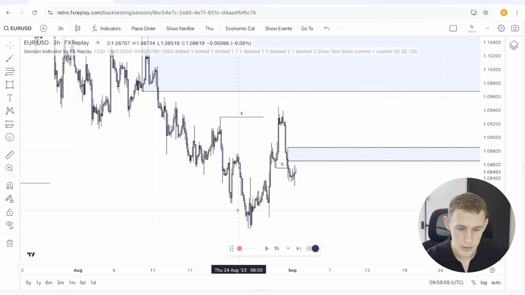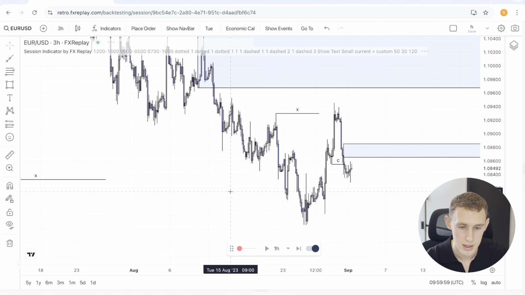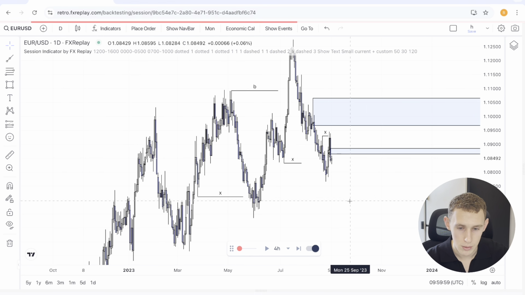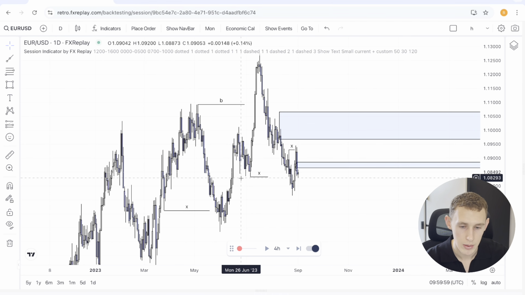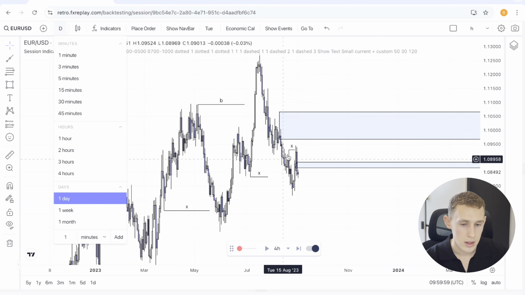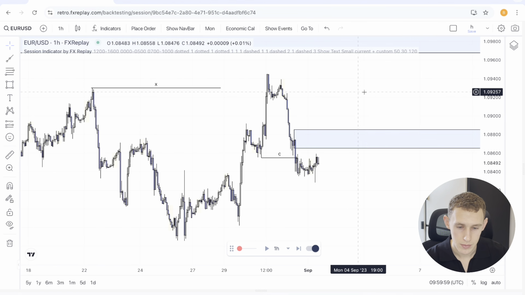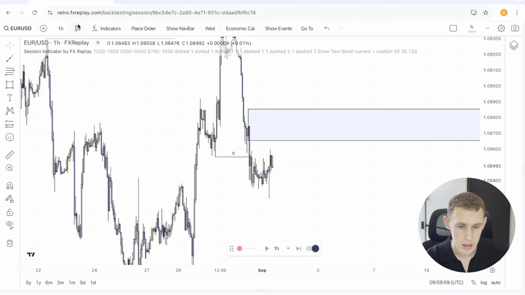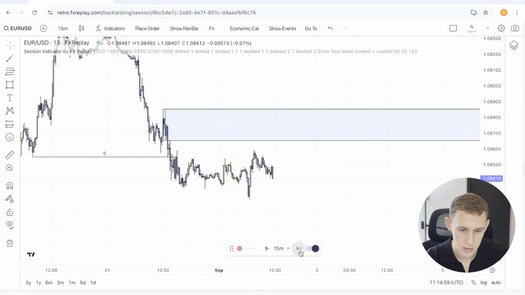So I'd be more interested in seeing price gravitate back towards this low down here, and maybe for it to continue this higher time frame trend. You can see on the daily as well, it did sweep some previous daily highs. So yeah, cool. Let's see if price can come into this zone and we can look for some shorts.